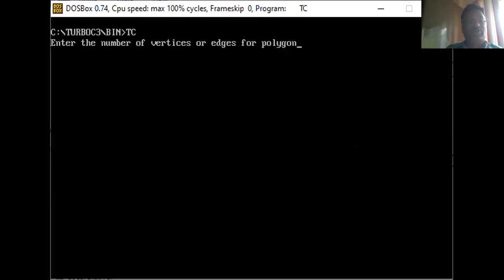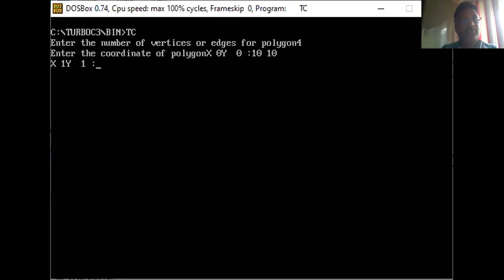So is it visible to all? So first of all, you have to enter the suppose number of edges. So here I have entered 10. Then suppose x1, y1, I have entered 10, 300, 300, 300, and 310.